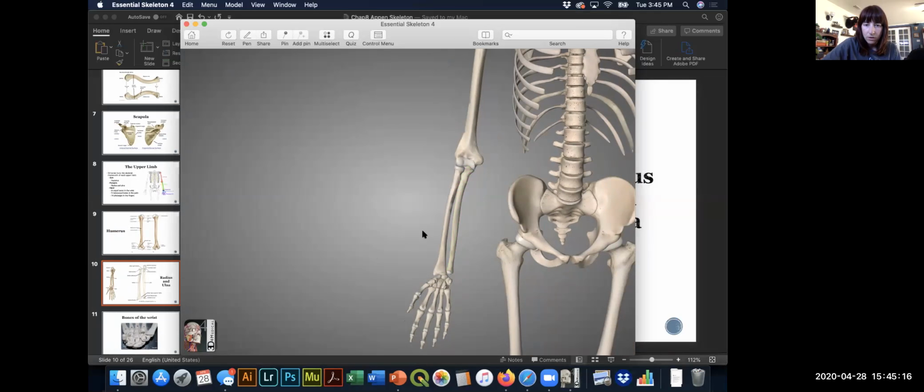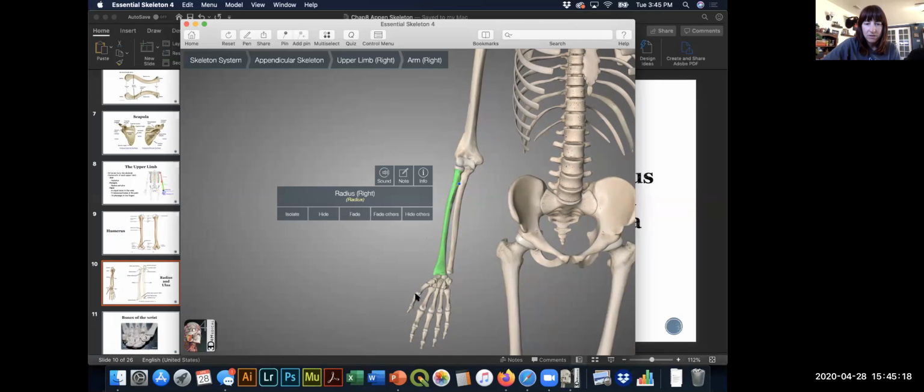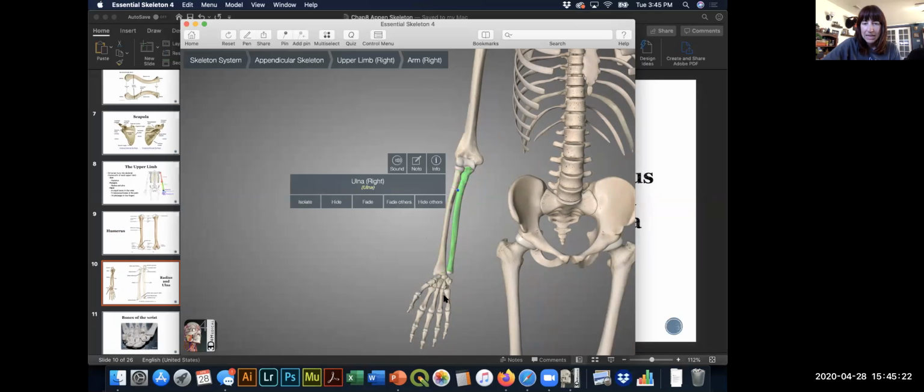All right, radius is rad, it's always associated with your thumb, and the ulna is always associated with your pinky. When you're in anatomical position, like this guy is, then the radius will be lateral and the ulna will be medial, right? But if you were to pronate your hand, the opposite will be true.